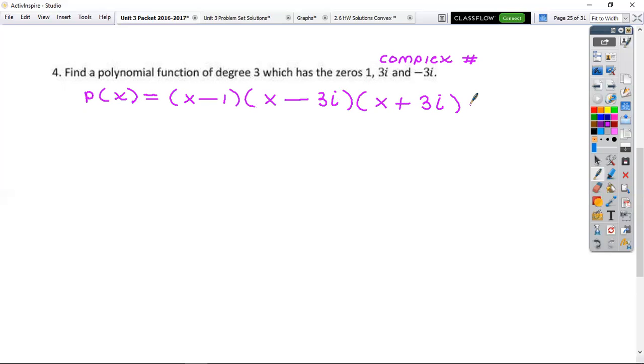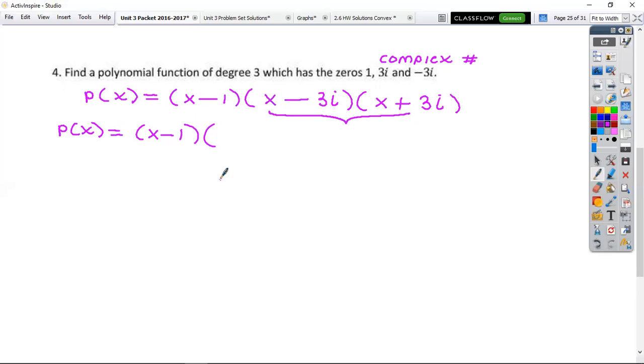Now, when you go to multiply these out, the easiest thing to suggest is to multiply 2 complex zeros at once. So I think it's easiest to start with these because what you'll find is you'll have some terms that cancel. So I have a P of x equal to. I'm going to leave the x minus 1 for a minute. And now we're going to multiply this out.